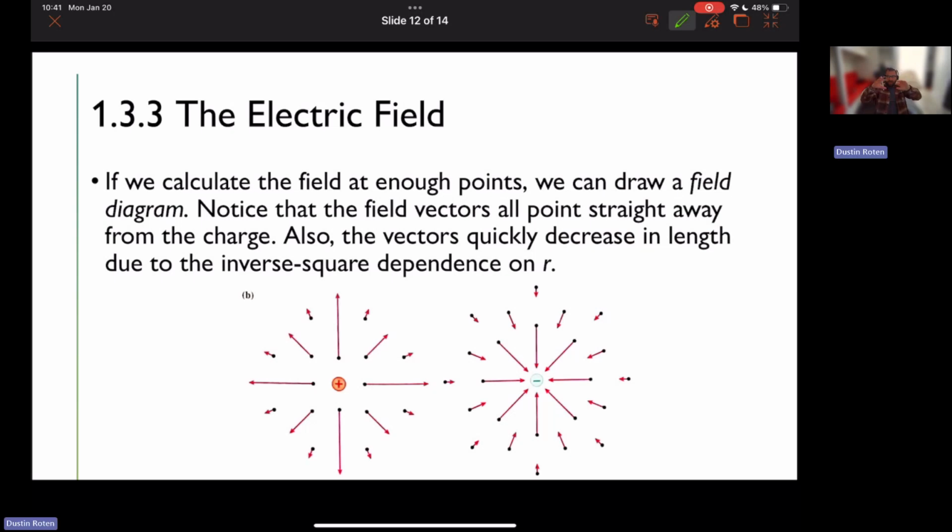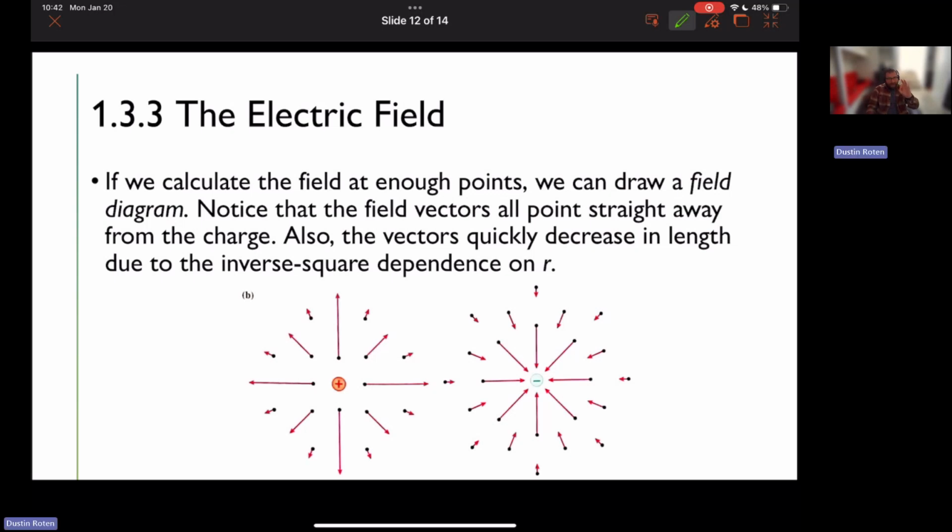Now, if we do this everywhere, instead of just calculating at one particular point, we can actually draw a field diagram. Remember I said that the E field is actually a vector field. So quite literally, you can look out on a field of vectors all pointing in a similar direction, okay?